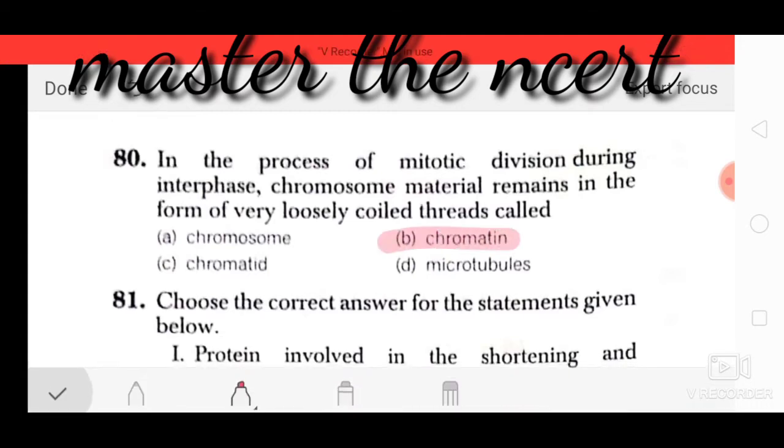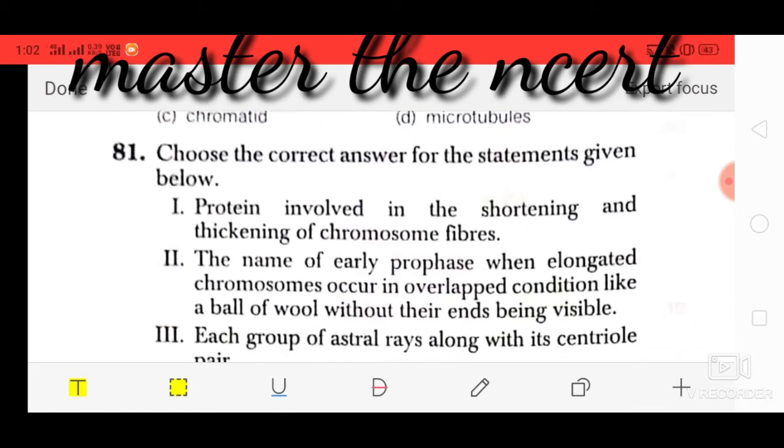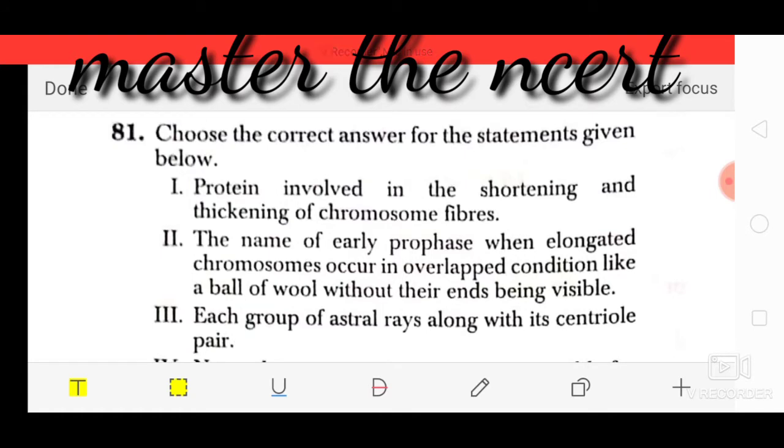Okay. Next is choose the correct answer from the statements given below. Among the statements, we have to find the correct ones. First statement is the protein involved in the shortening and thinning of chromosome fibers. Second statement is the name of the early prophase stage when elongated chromosomes occur in an overlapped condition like a ball of wool without their ends being visible.